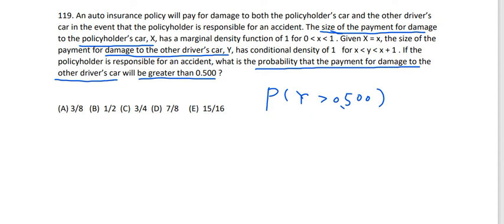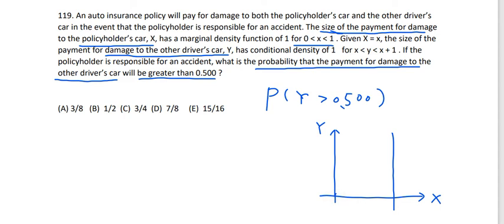So here we find a probability for two variables, two dimensions, so we need to check the joint density function. Here x is between 0 and 1.